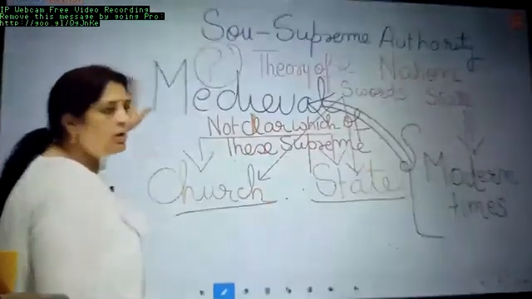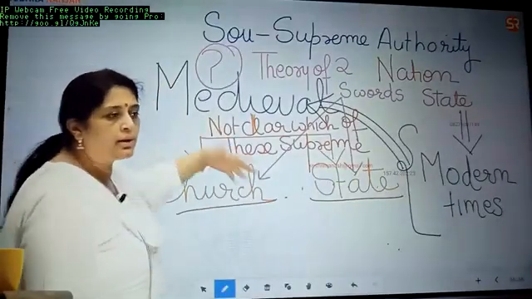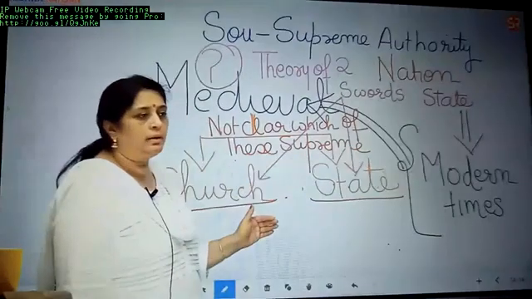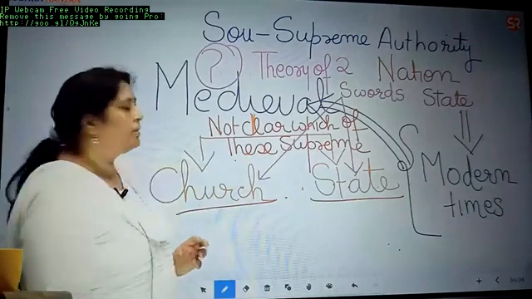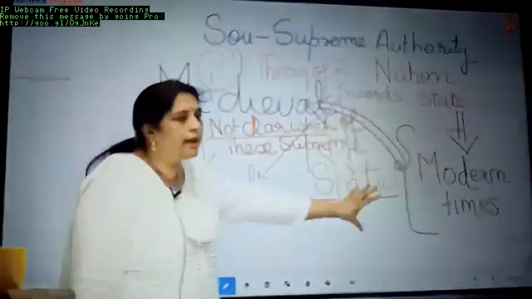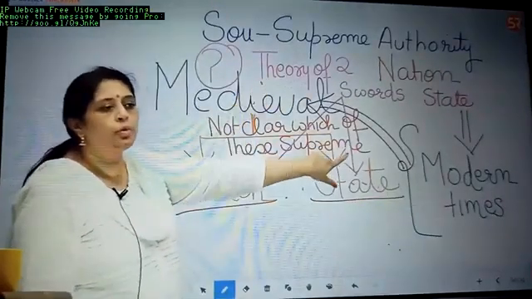So I'm going slow. You can write side by side if you want. If you don't want, don't write. Understand only. So it was not clear which center of authority will have the final say. This situation of dilemma is described through the theory of two swords. Fine.